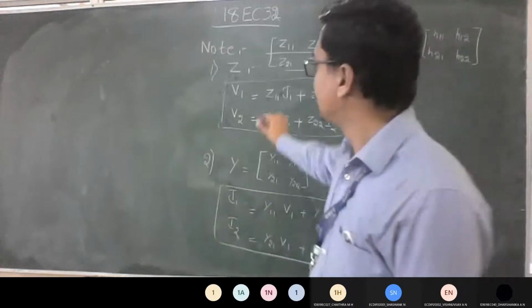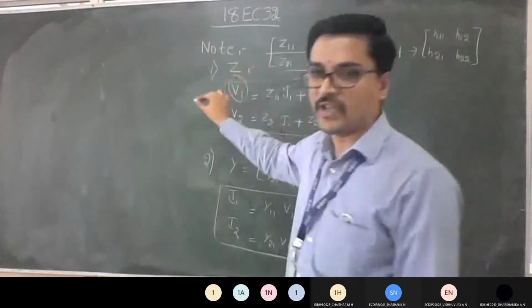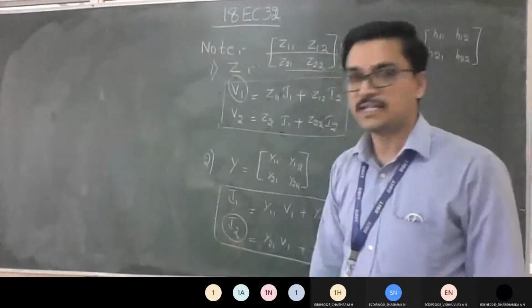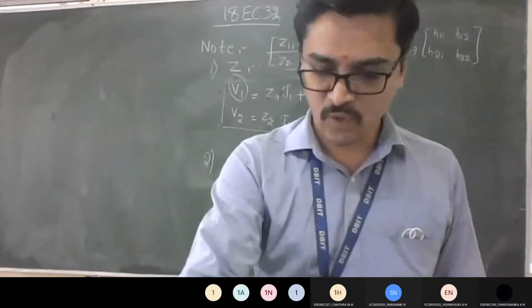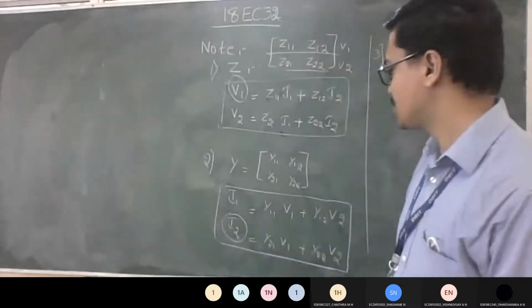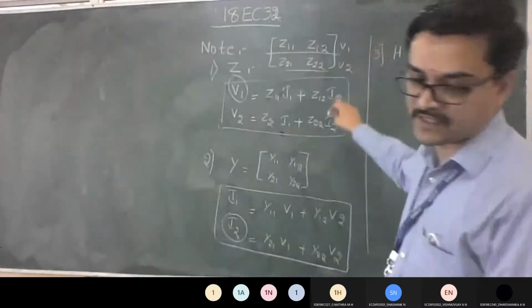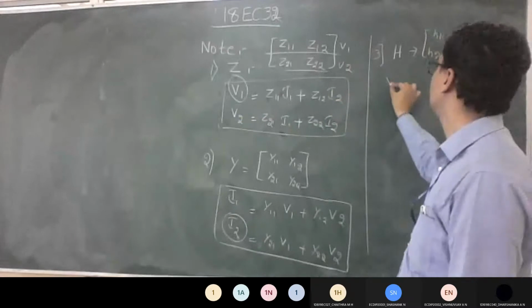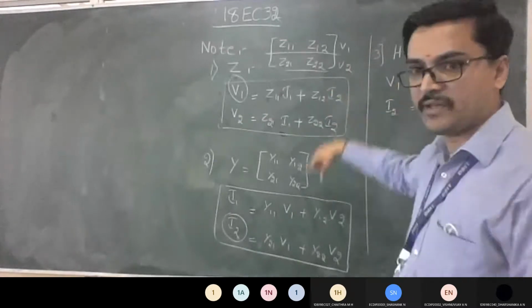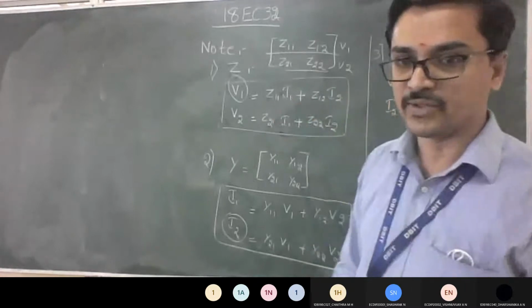So what you should do is consider the term V1 from the first equation as well as I2 from the second equation. That is the only thing you need to remember while doing this hybrid. So V1 is the first equation, and V1 as well as I2 are the two things you need to find because I am mixing these two now.